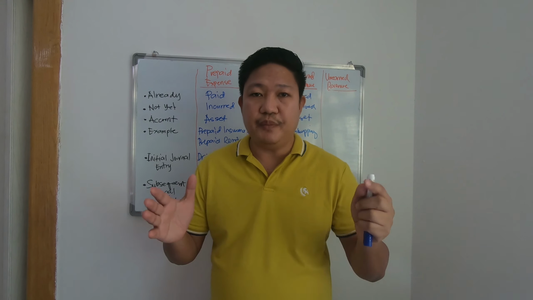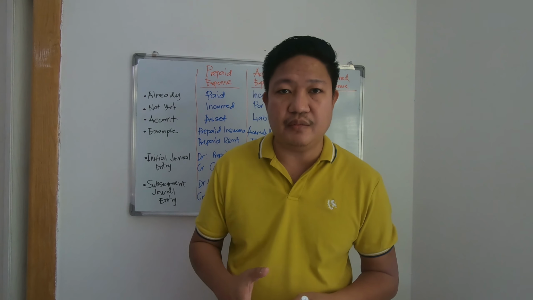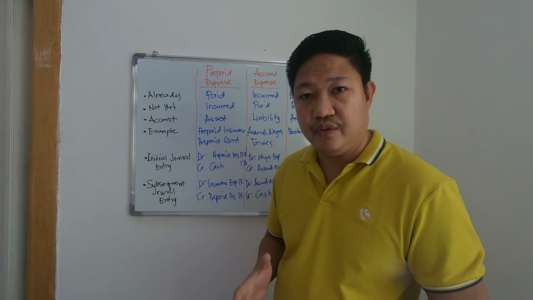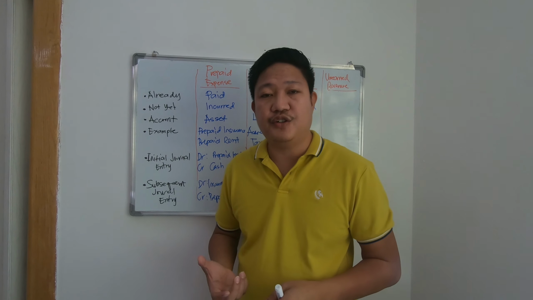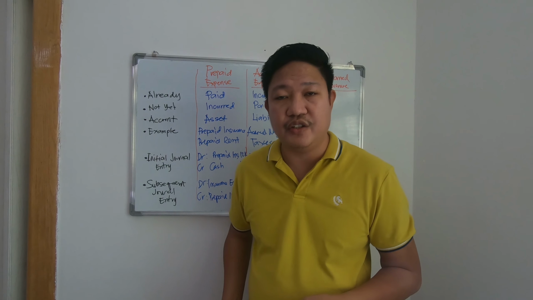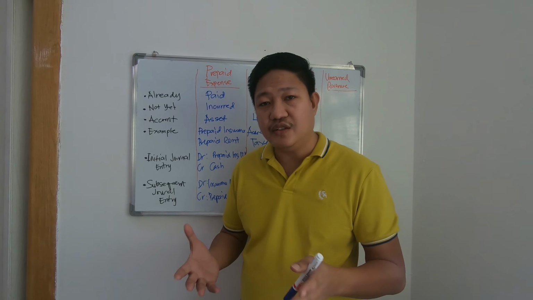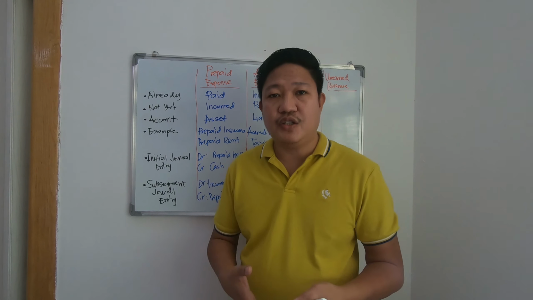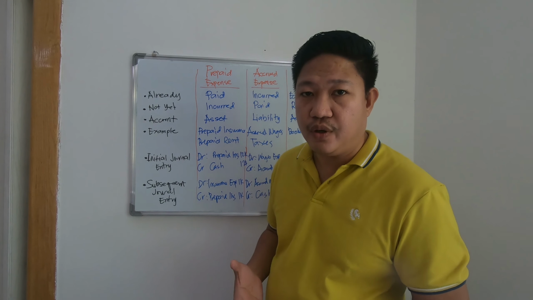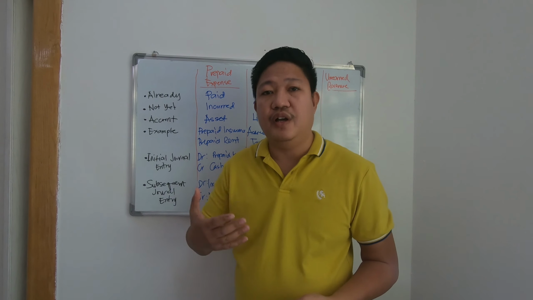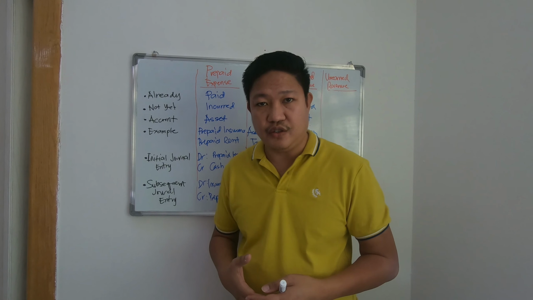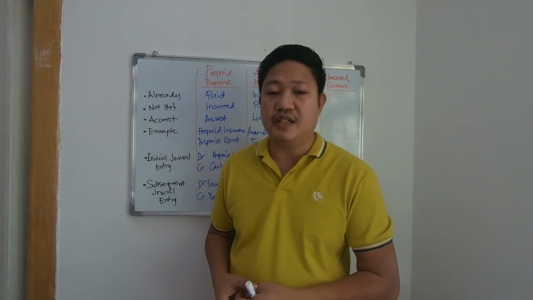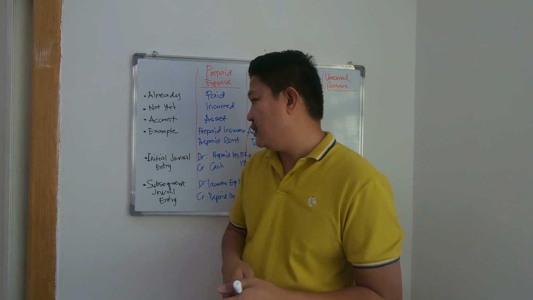So meaning, if you are preparing the financial statement at the end of the month, you have to recognize the revenue because you already rendered your services, you already incurred the expenses related to this service. So to comply with the matching principle, you have to record the revenue related to the expenses you already incurred. Okay, that is one. Another one is accrued interest income.